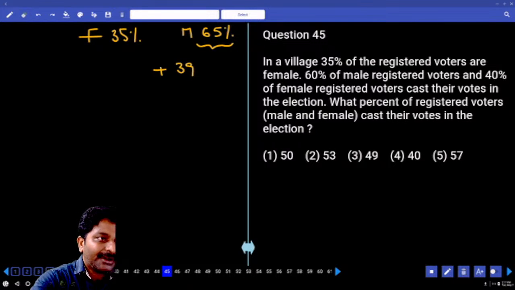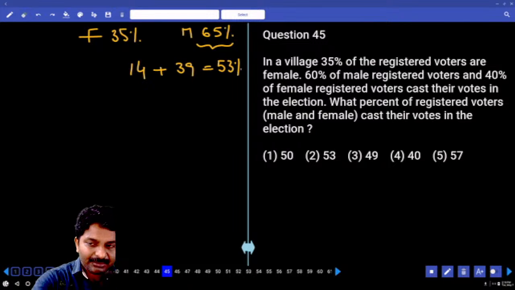And among females, 40%: 10% is 3.5, double is 7, double is 14. Which is equal to 53% cast their vote.